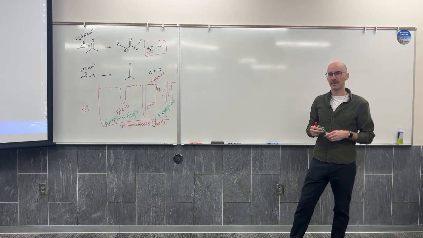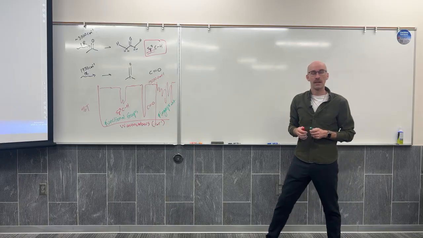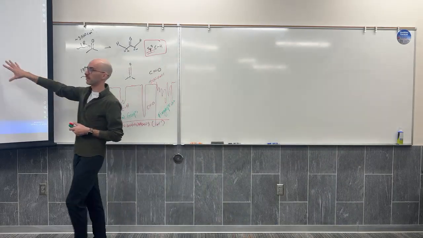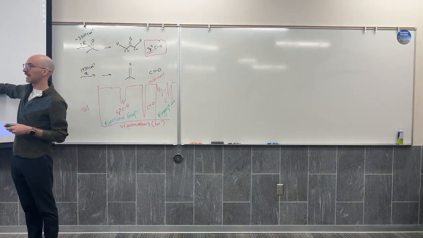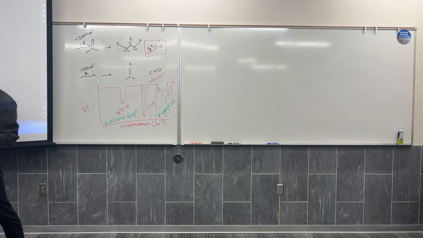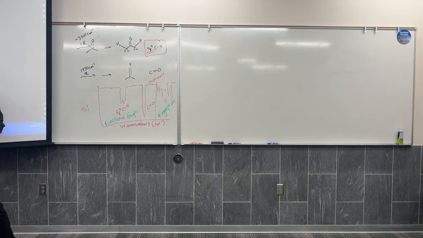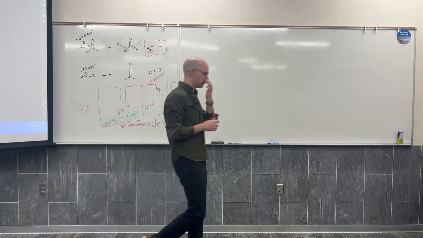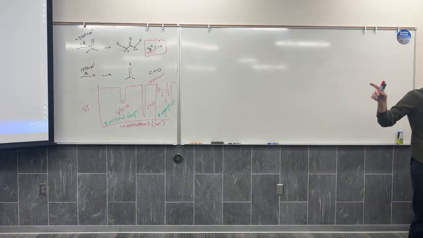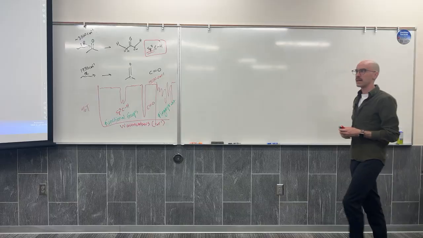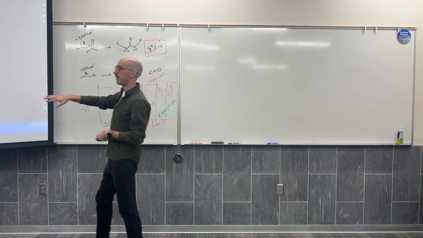We don't identify any carbon-nitrogen double bonds in lab, but they are in here as well. Kind of the only outlier is the NH bending, which is distinct from the NH stretching, shows up in that double bond region.